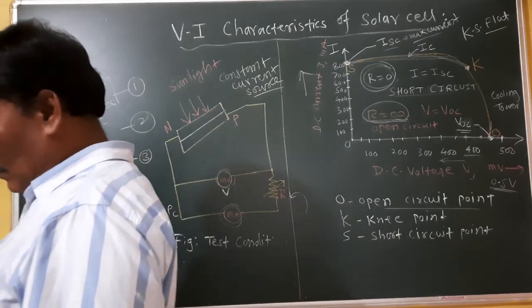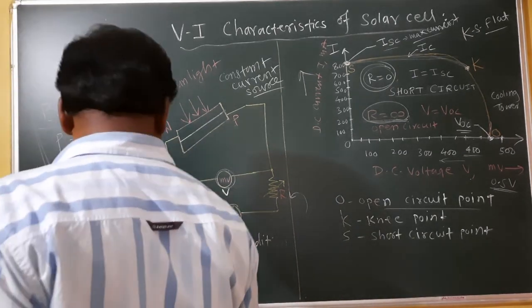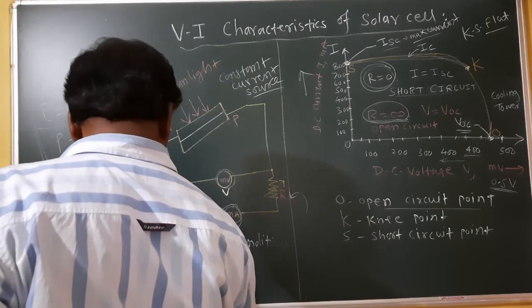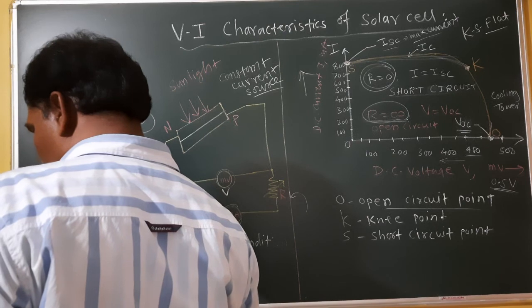Then the voltage across the panel is VP equals PP upon IP.